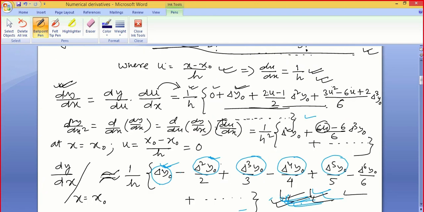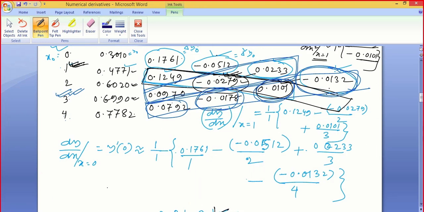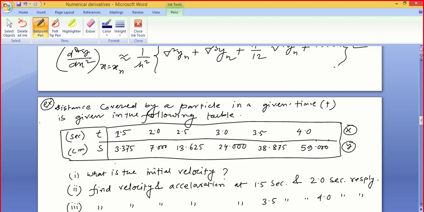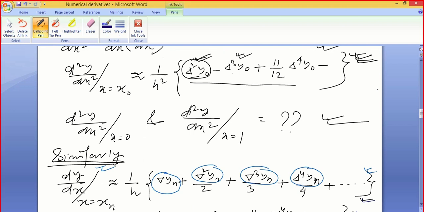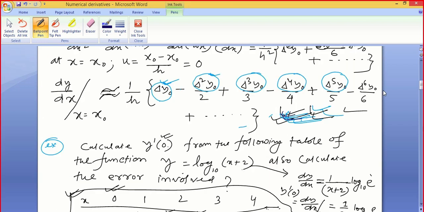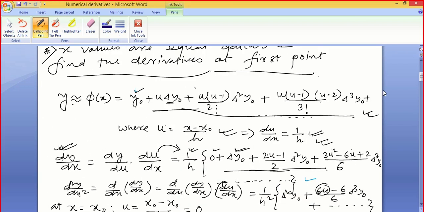The approximated formula is used only if the asking point coincides with the given points. Otherwise, you use the derived formula, dy by dx at t equals 0.